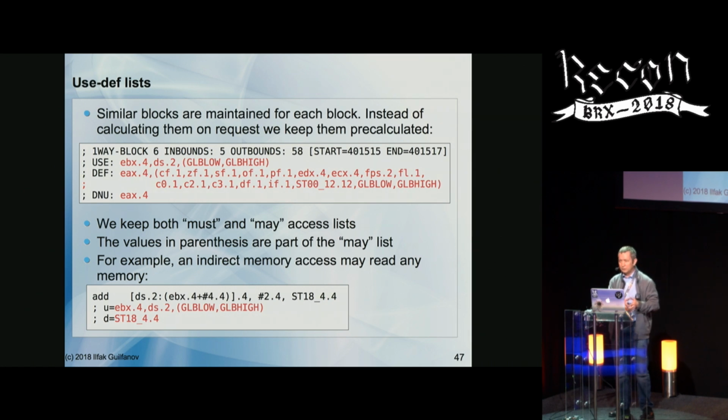For example, for an indirect load like LDX, we can say that it may access any memory, because usually we don't know what the value of the indirect register is, but we cannot say which memory cell it must access, because again, we don't know exactly. It may access everything, but we don't know what exactly. Therefore, we keep both of these lists separately, must access lists and may access lists.